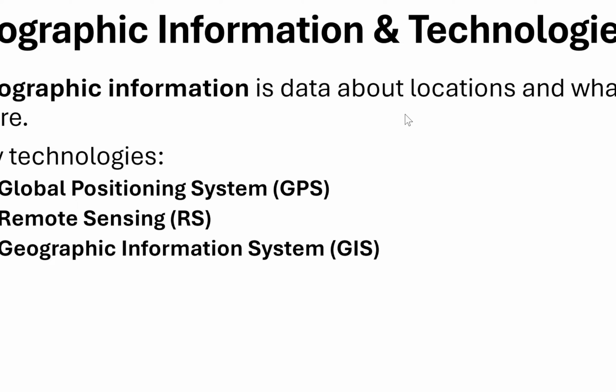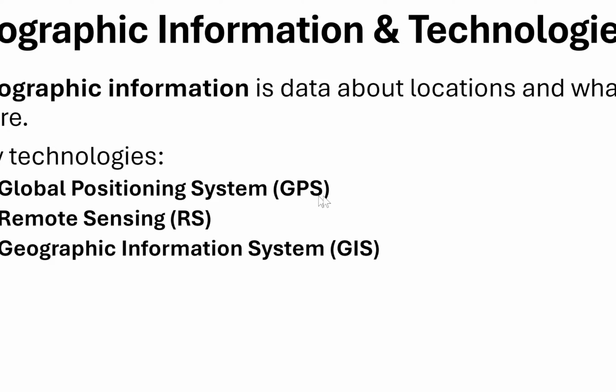Geographic information is data about a location, which is geographic, and what is there at that particular location. In simple words, it is information about a location and some related properties to it. And there are some key technologies associated with geographic information system.